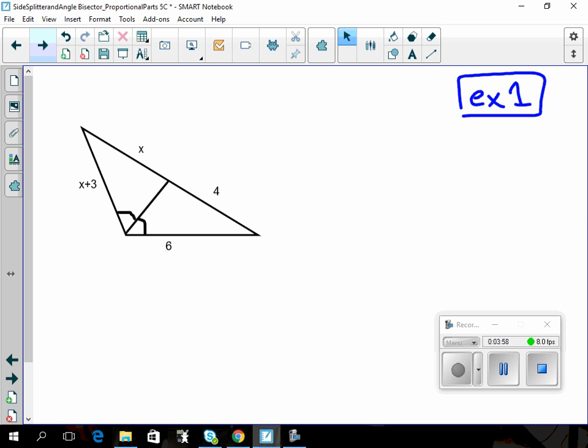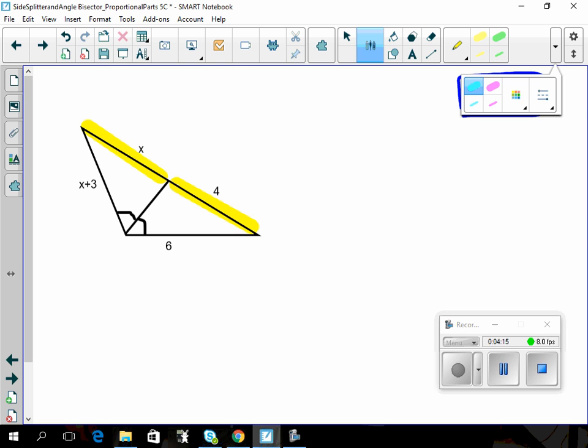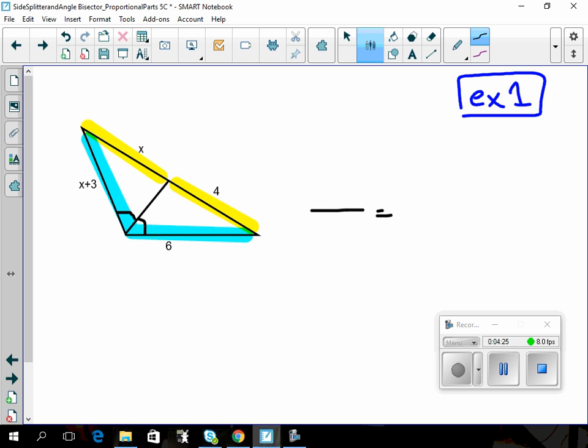So, if you have highlighters or if you have colored pencils and you want to use those to label, that's great. But let's think about what corresponds. So I have these two sides, and then I would have the other two. And we're going to go left to right, and write the proportion. That's really it. So what is the proportion that I'm going to do here?